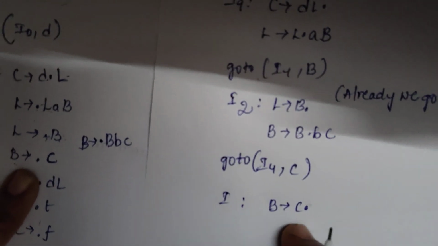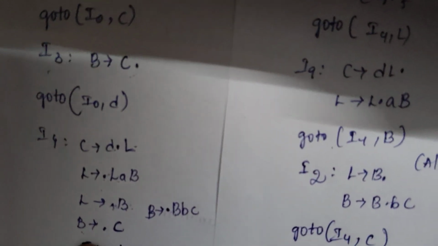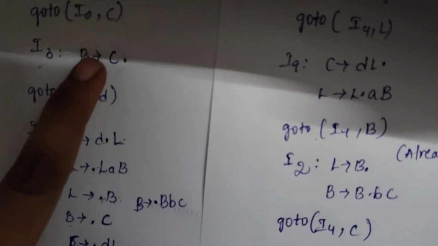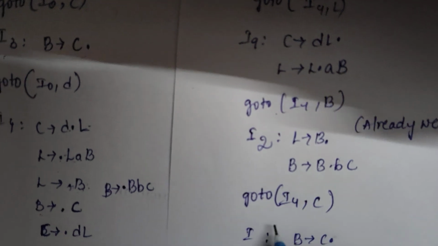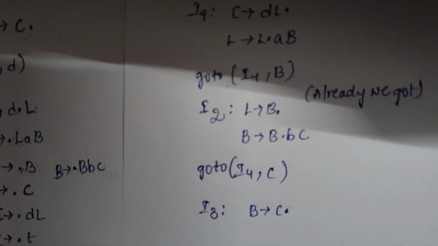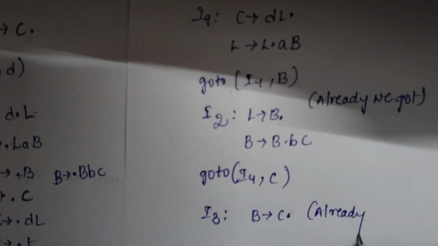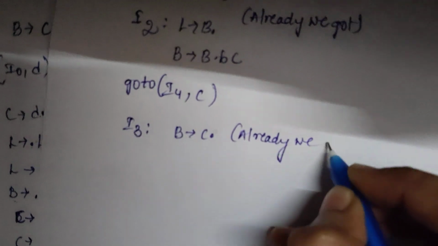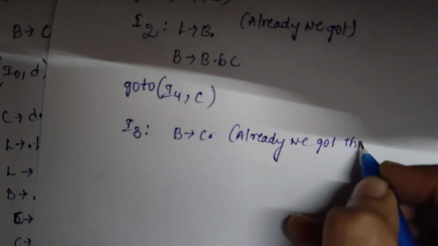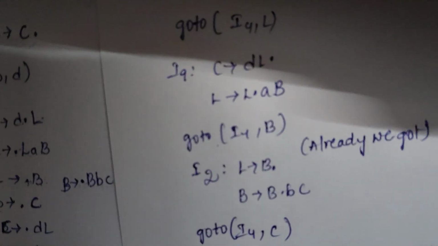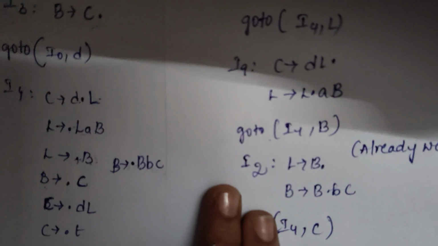I think we got this prediction also already. So see, I3 is B produces C dot. So name it as I3. Already we got this.